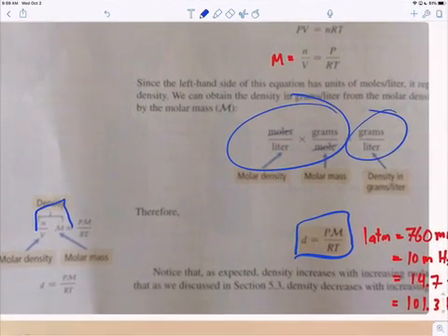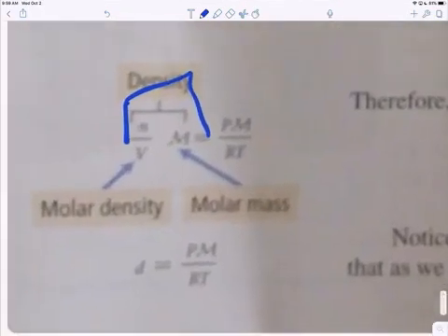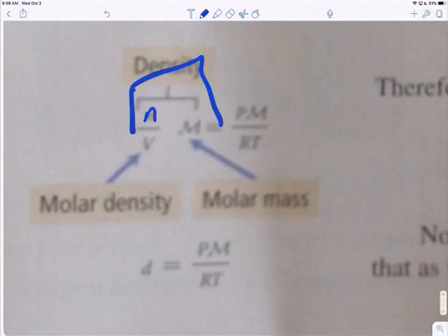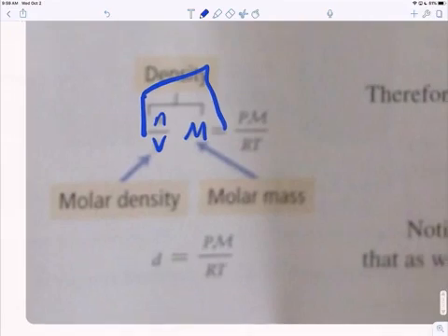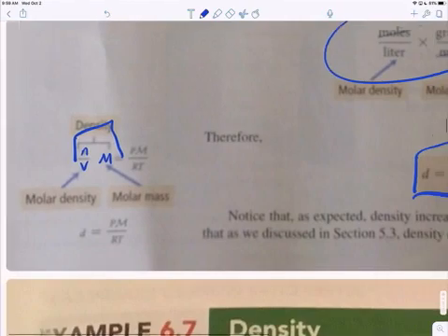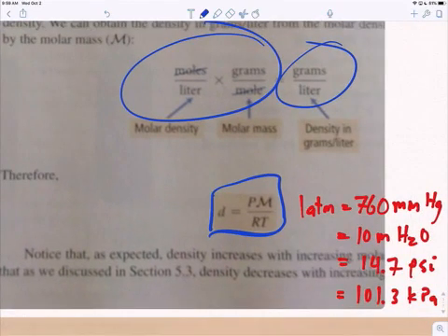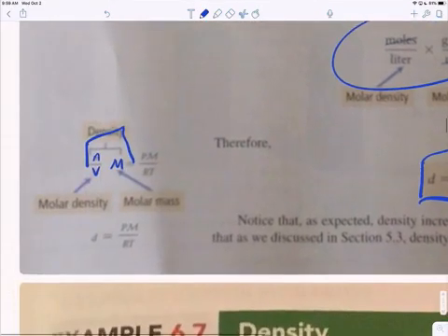So then you set this equal to each other. It's hard to see. I feel like I'm fumbling through the molecular weight. The molar density, the N over V, times the molecular weight, grams per mole, equals the density in grams per liter.